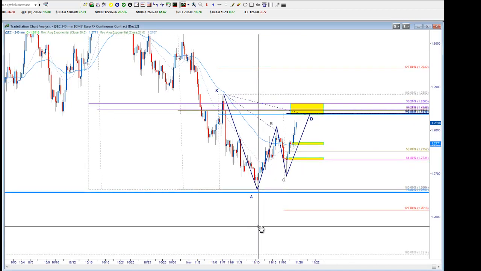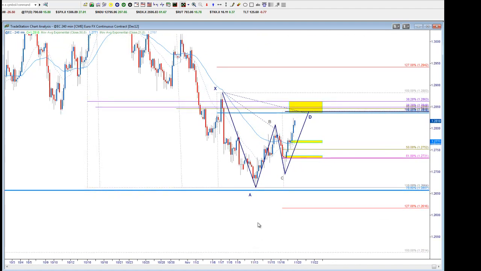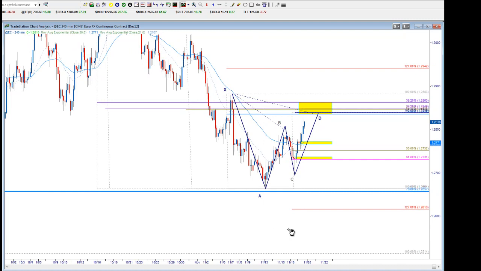And if that thing really keeps moving, if the market lets loose and we're trading 3 contracts or more, we're going to be looking at a third target down here just above the 127 extension of A to D. That's what this red line represents at the 26.16s.